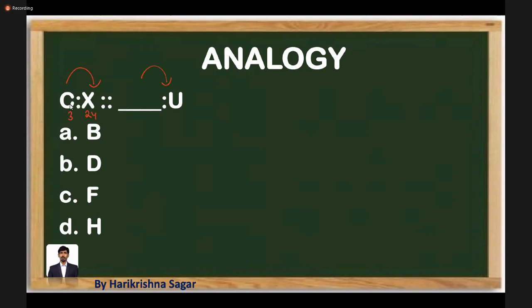So C is the third alphabet from the starting, X is the third alphabet from the last.